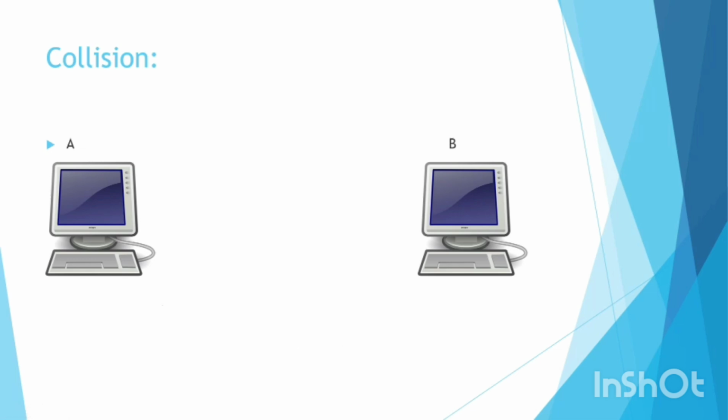What if A and B send data at the same time? Suppose A sends frame A and B sends frame B. A is sending data to B and B is sending data to A. Both are sending simultaneously. When both frames meet at the same time, it leads to a collision. This is called a collision.